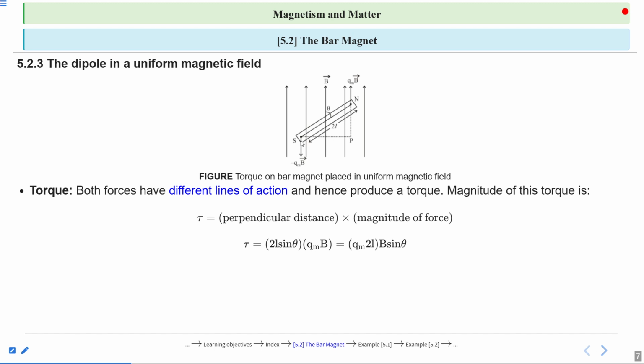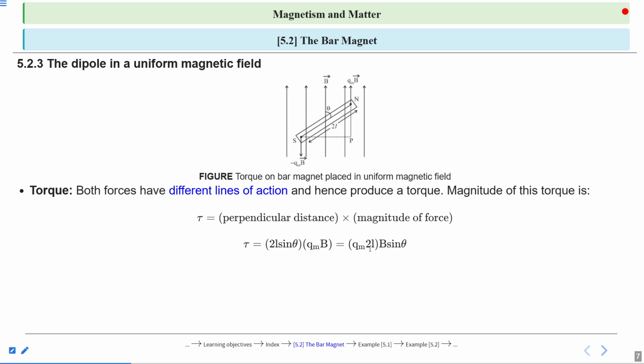By geometry, this distance SP is 2L sine theta, using trigonometric ratios. Into the magnitude of force, QM into B. So it will result in QM into 2L B sine theta after rearranging.